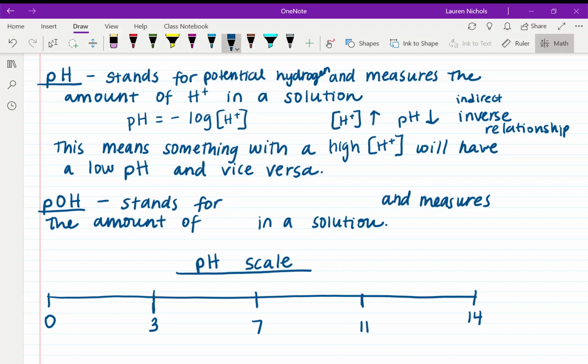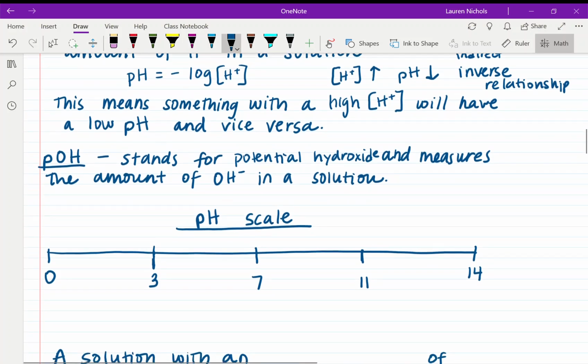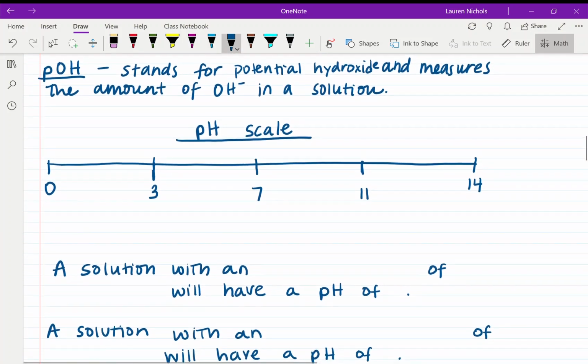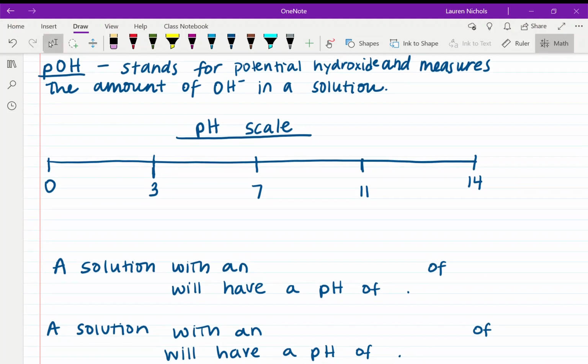Now, pOH is very similar, except instead of measuring hydrogen, pOH stands for potential hydroxide, meaning that it is measuring the amount of hydroxide ions in a solution. And your pH numbers give you a scale. And our pH scale is something that you should remember from physical science, but the pH scale goes from 0 to 14.